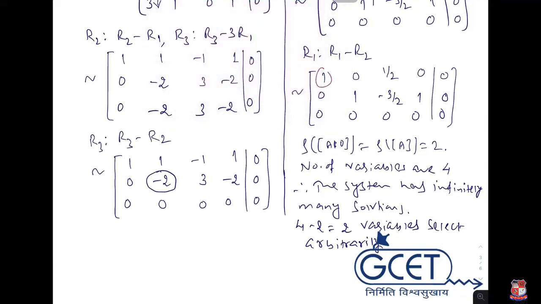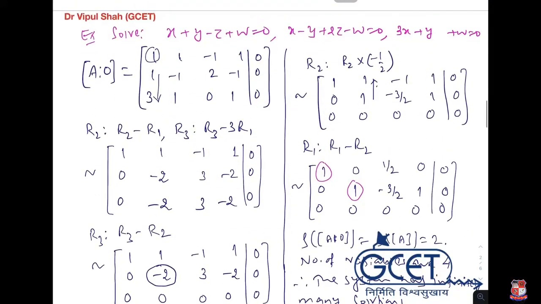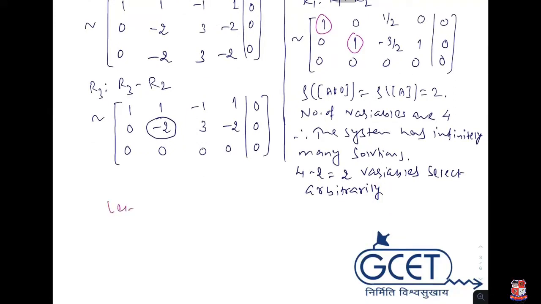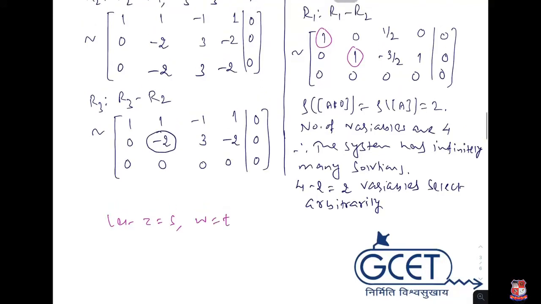So here is a leading one and here is a leading one. So we need to select the arbitrary variables, as these are x, y, this is z and w. So we need to take z and w. So let z equal to s, w equal to t.